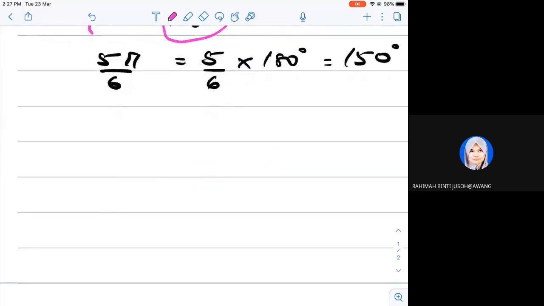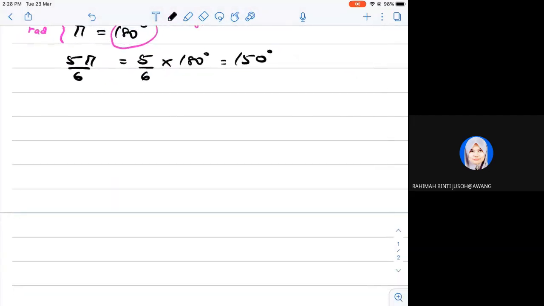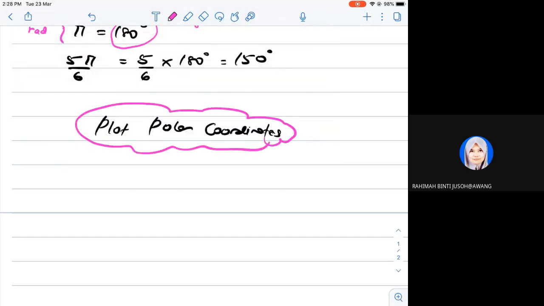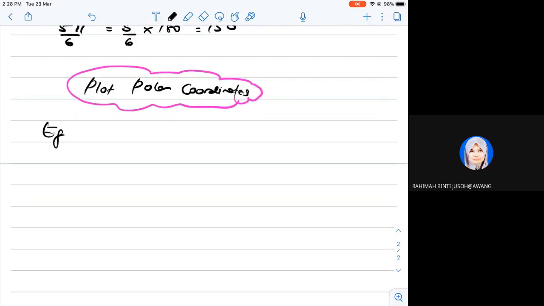Okay, so now let us do some examples on plotting polar coordinates. Example 1: plot the following polar coordinates.